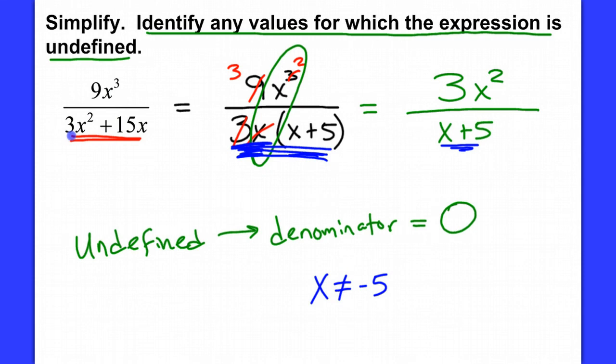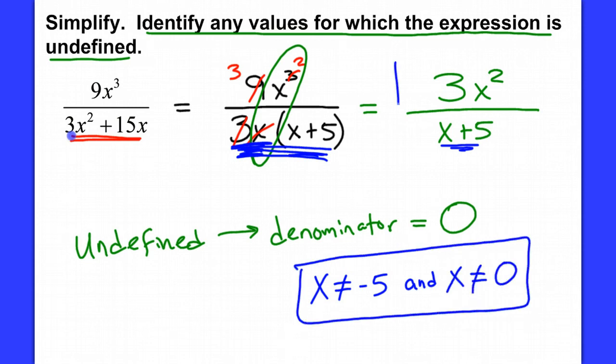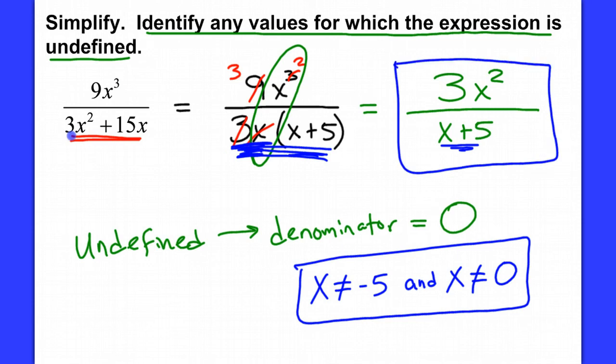So x cannot equal negative 5, and x cannot equal 0. So this is part of our answer along with this. Make sure we get both parts of that answer, as we were asked to supply both. So to get the correct answer on the test in this format, you would need to give both the 3x squared over x plus 5 and the fact that x is not equal to negative 5 and x is not equal to 0.